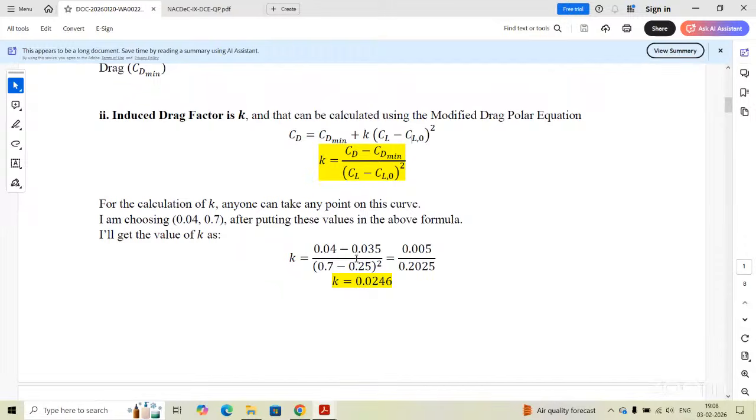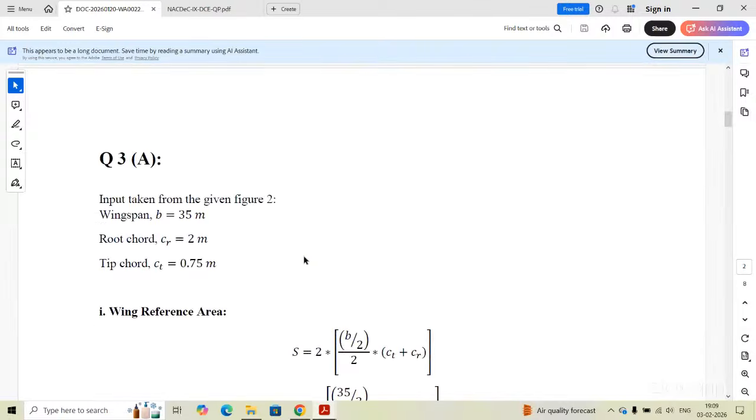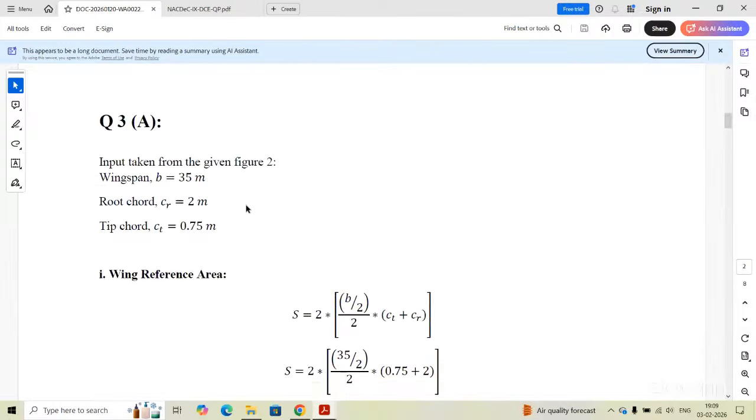If you select any other point on the graph, I have chosen 0.04 and 0.7. So if you use any other points on the graph for CD and CL, then you will get the value of k in the range of 0.023 to 0.027. So that has been taken care of by the evaluation committee. Question number 3 is a simple question about the first part.